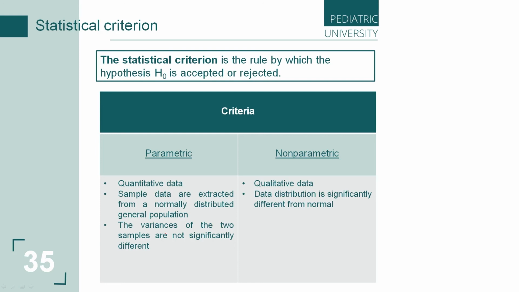Why do parametric criteria exist after all? Why don't we use non-parametric criteria everywhere? No. When the conditions are met, we absolutely must use parametric criteria because they are more powerful.